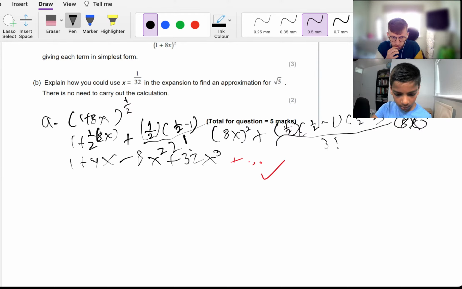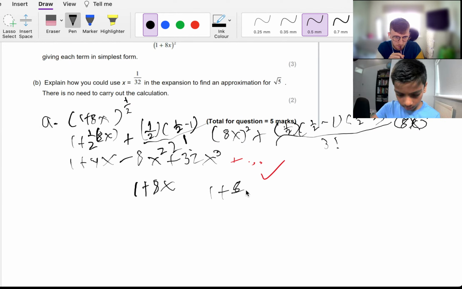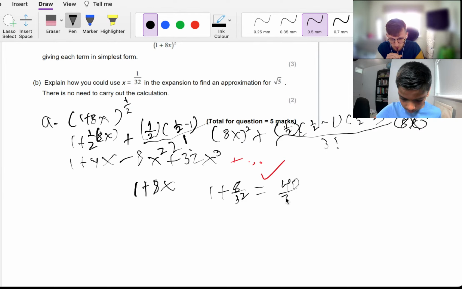Okay, so to find an approximation for root 5, 1 plus 8x has to be something like, so if we sub in x is 1 over 32, yeah. 1 plus 8 over 32, which is 40 over 32, and that simplifies to 5 over 4.